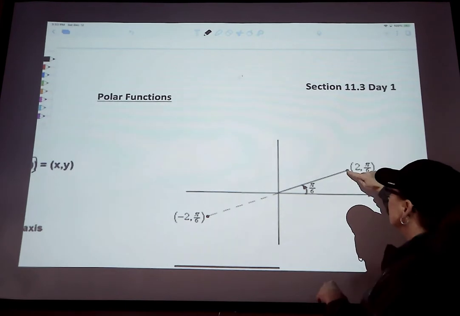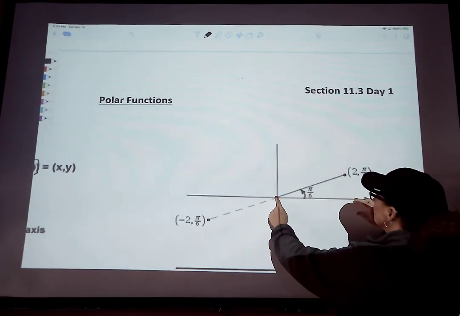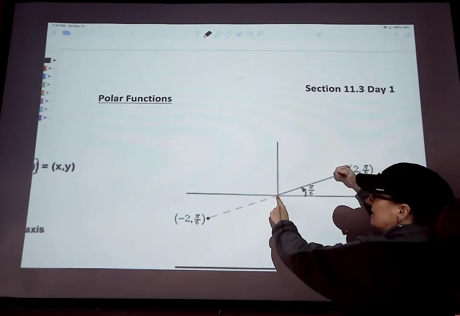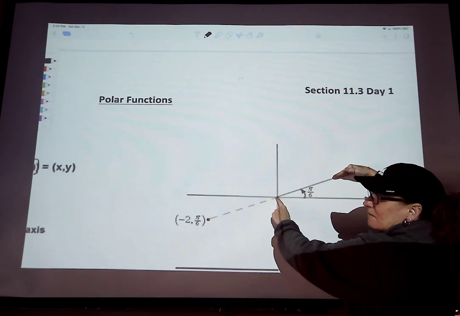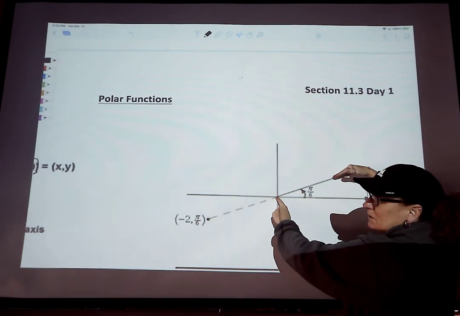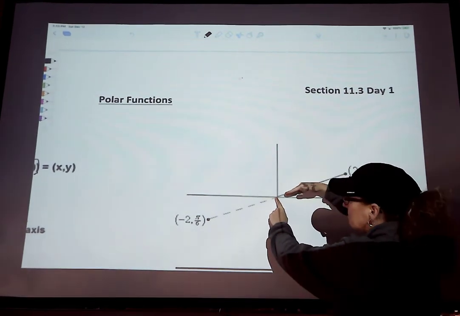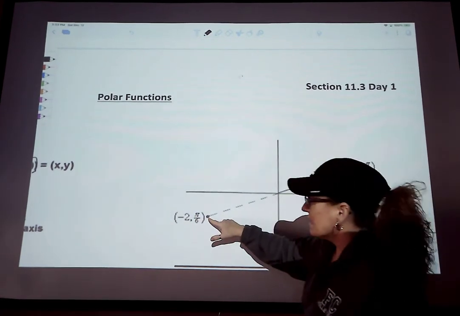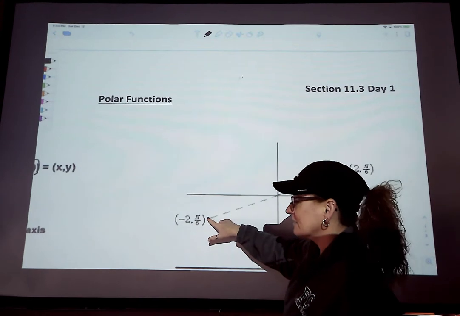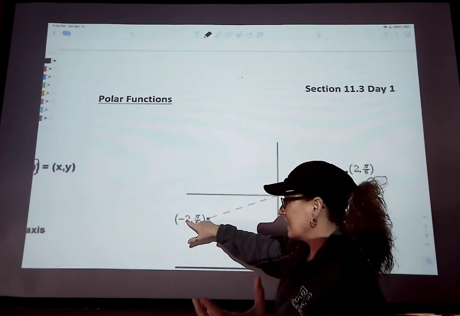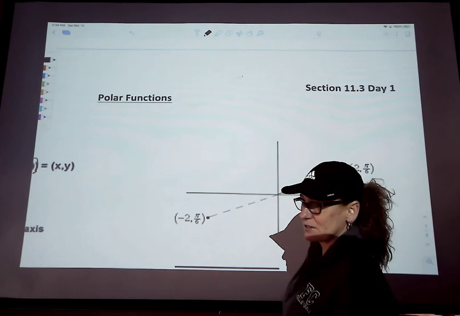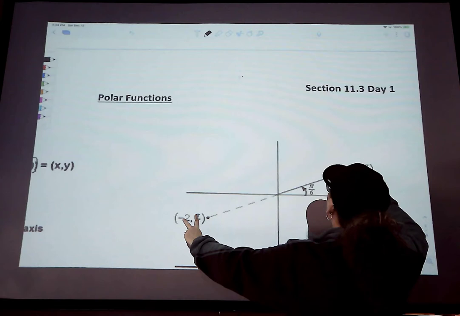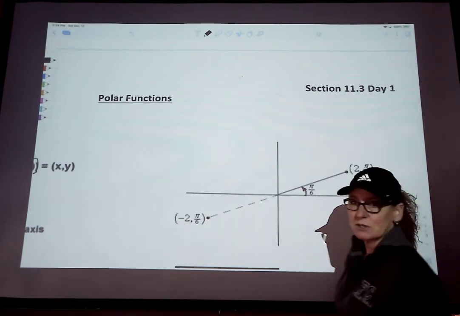Well, one way is to look at the positive direction, go out positive 2, go up an angle of pi over 6, and then with a line, follow it back into its opposite quadrant. So this point right here has the polar coordinates -2, positive pi over 6. How would you graph it? Again, you would go out a positive 2, up a positive pi over 6, and then follow it back with a line.